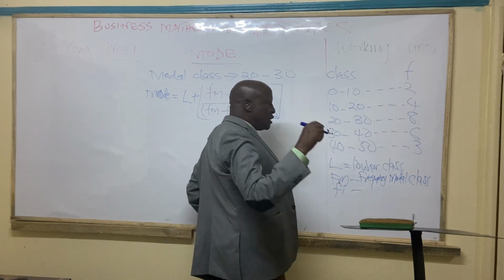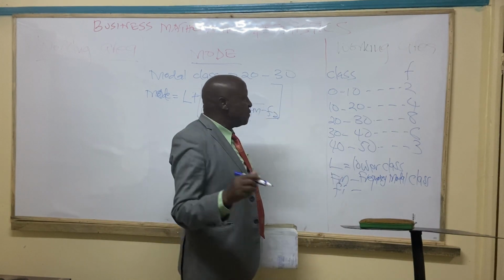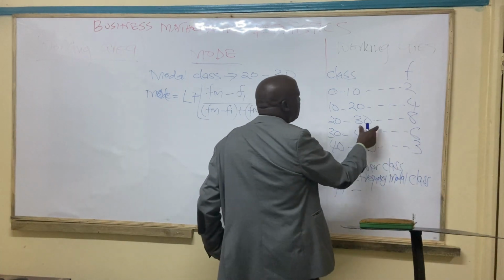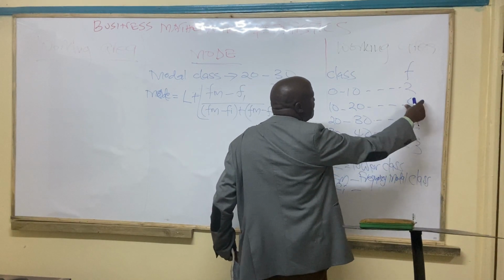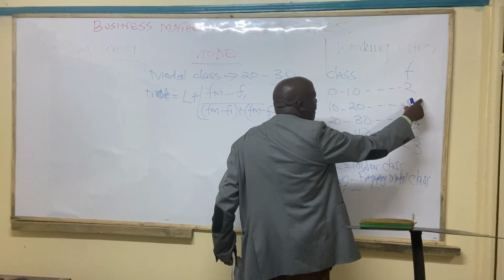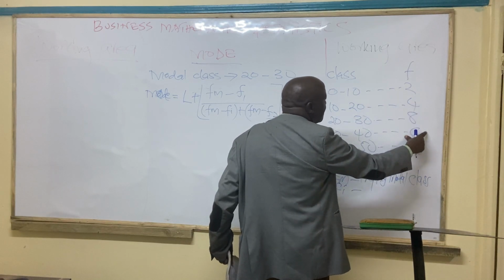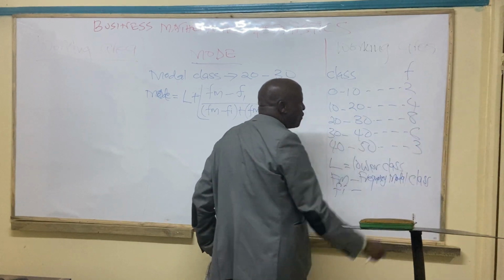F1 is represented by the preceding frequency. For example, here it is 8. The preceding one is 6, and the preceding here is 4.